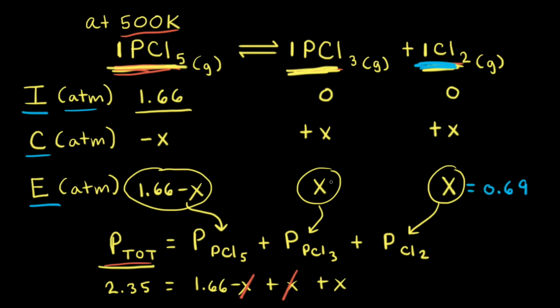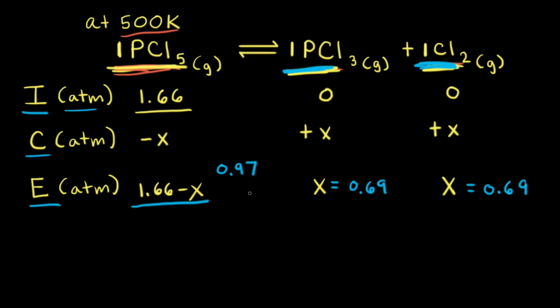And the equilibrium partial pressure of PCl3 is also 0.69 atmospheres. And 1.66 minus 0.69 gives us the equilibrium partial pressure of PCl5. And that's equal to 0.97 atmospheres.